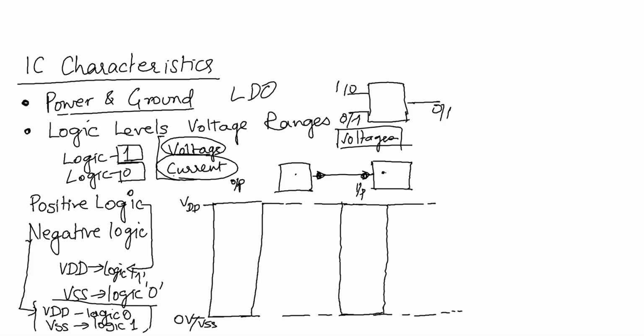So far you wouldn't have seen any circuit or anybody teaching negative logic to you, but you can design circuits using negative logic. So you should be aware that there is positive logic and there is negative logic. Positive logic means high voltage is logic 1, low voltage is logic 0. Negative is opposite. We are going to use positive logic all throughout, but I'm just mentioning it so that you are not unaware of the term.